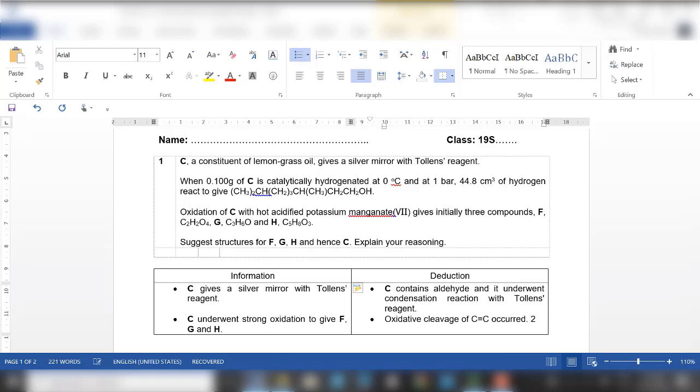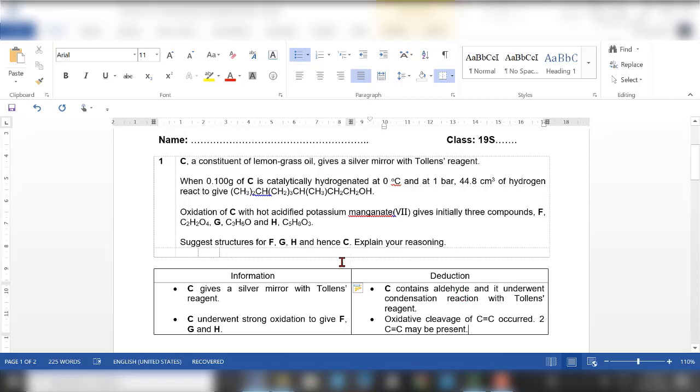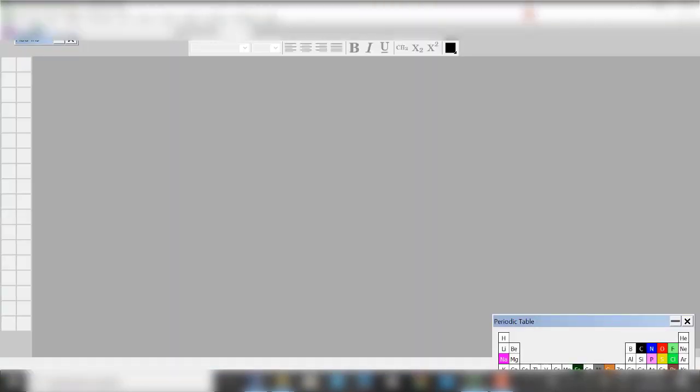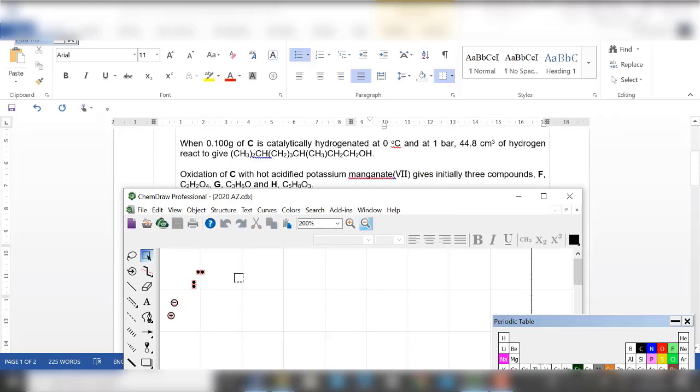But don't commit, so just say 2 C=C double bonds may be present. Okay, I think that works. Then I think from here on we can easily get the structure for C. But before that, maybe I'll move on to the ChemDraw so that you can see what exactly is going on.